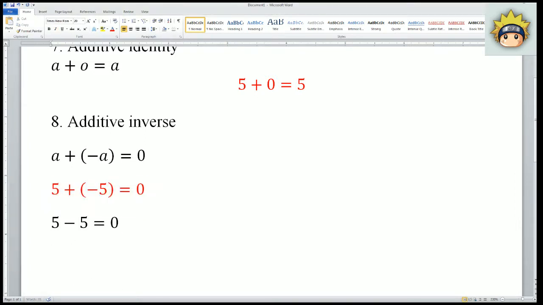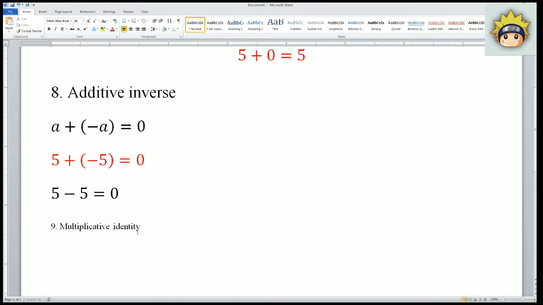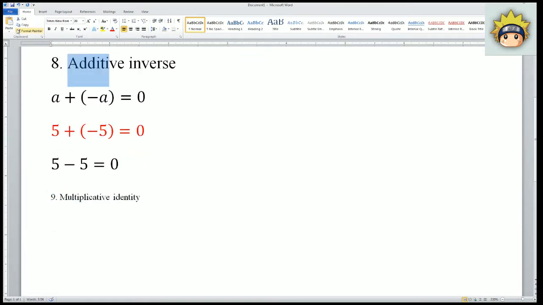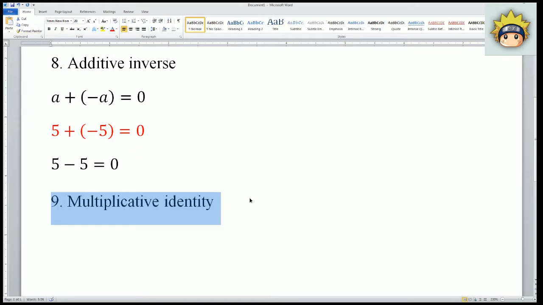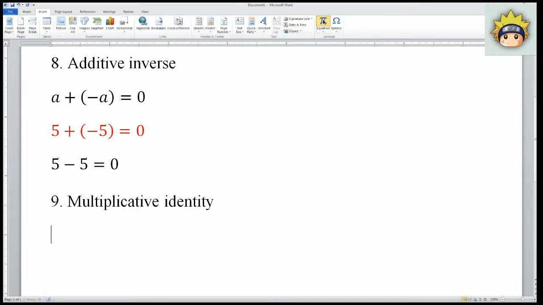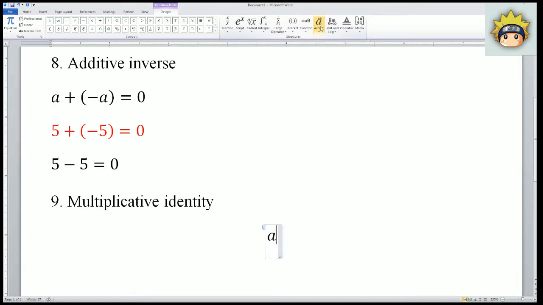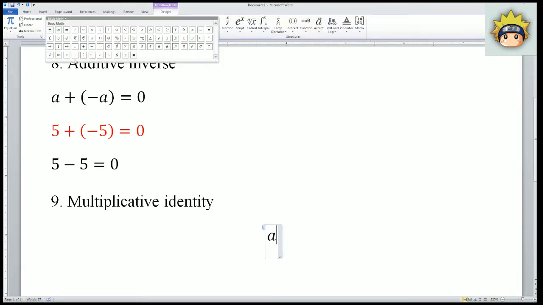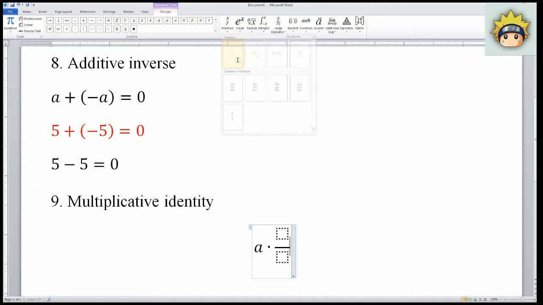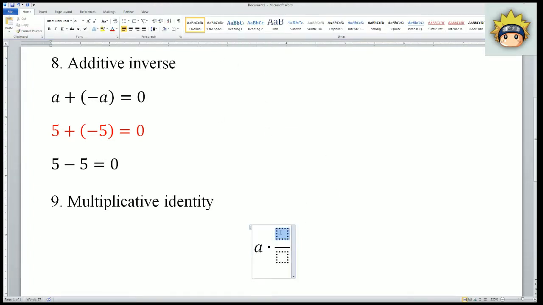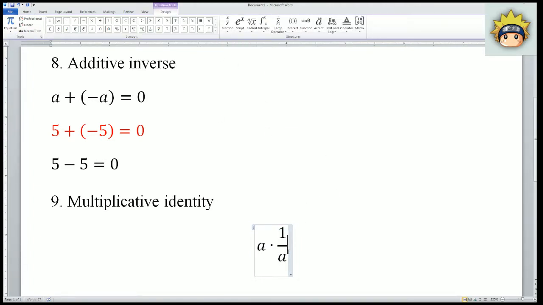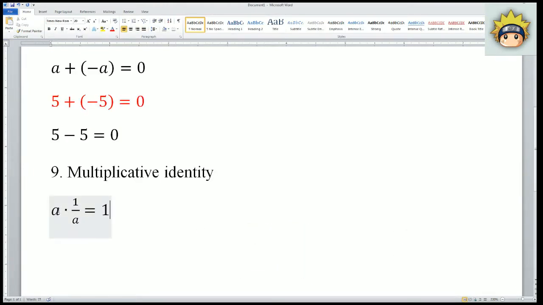Number 9. Number 9 is the multiplicative identity. The multiplicative identity follows this format. A multiply, right, 1 over A will be equal to 1. That's just by definition. So multiplication times its division, the flip, the reciprocal, will equal 1.